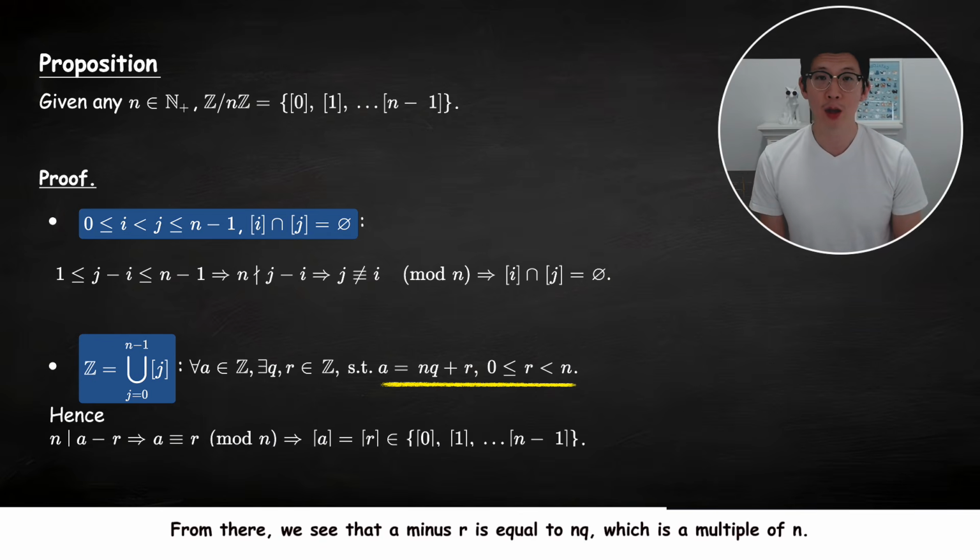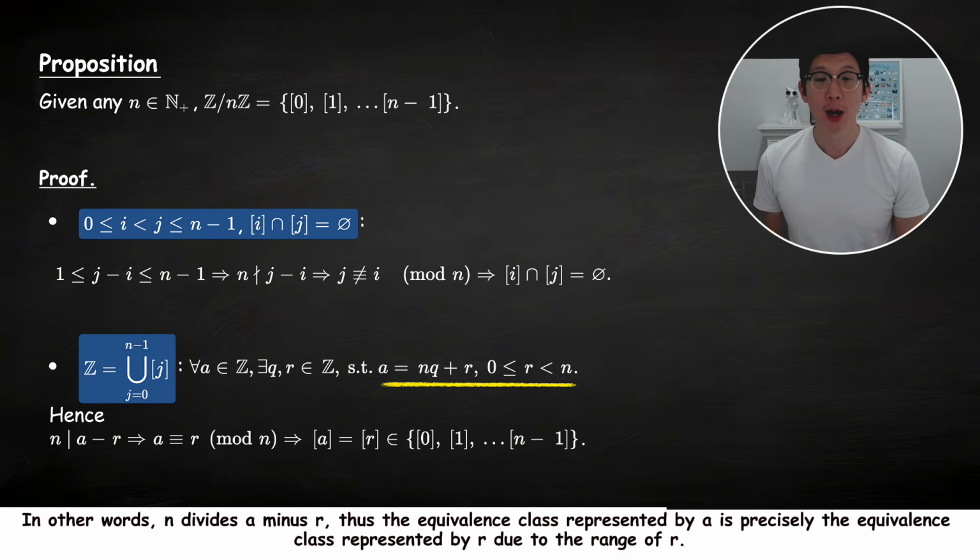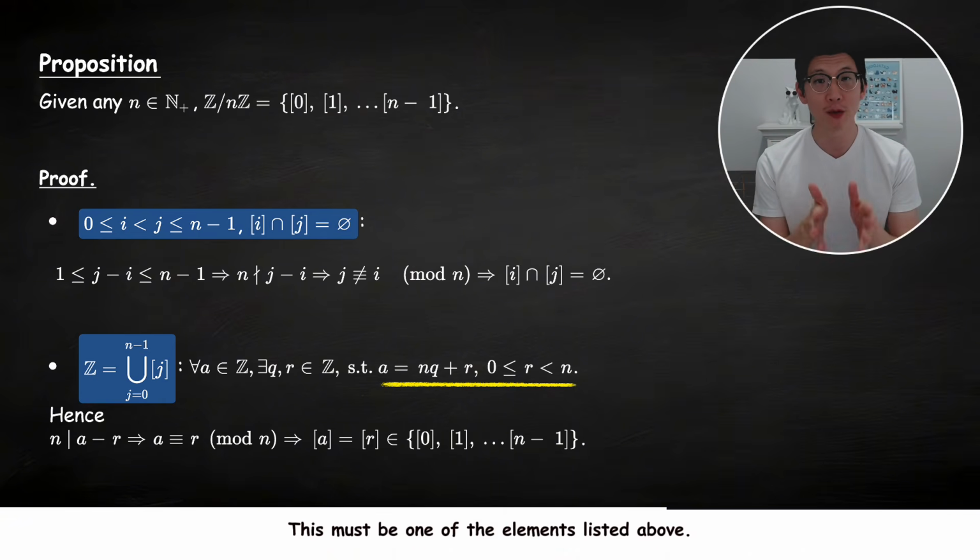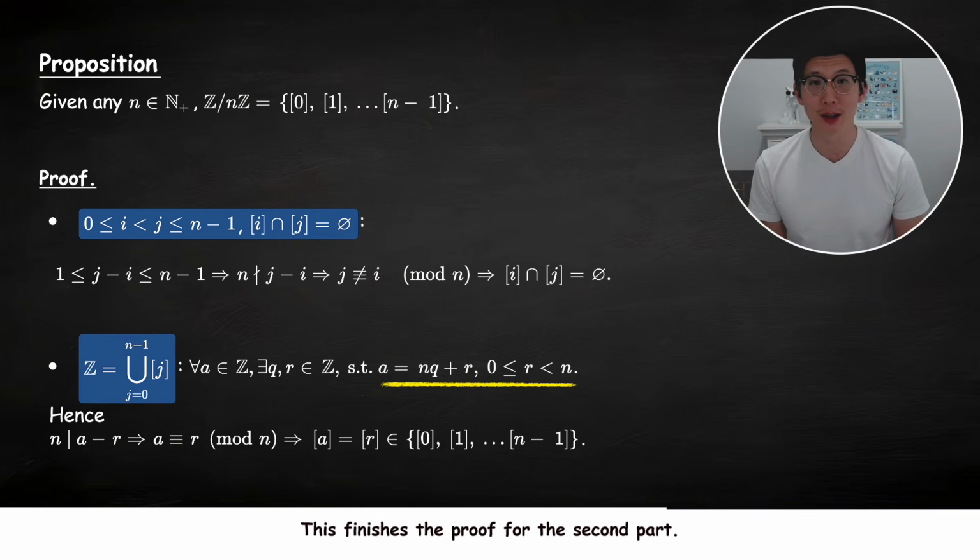From there, we see that a minus r is equal to nq, which is a multiple of n. In other words, n divides a minus r. Thus, the equivalence class represented by a is precisely the equivalence class represented by r. Due to the range of r, this must be one of the elements listed above. This finishes the proof for the second part.